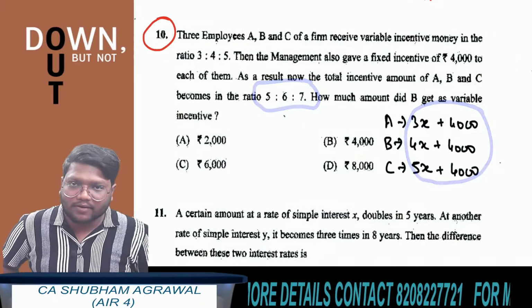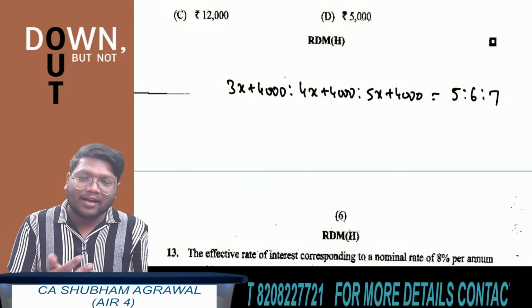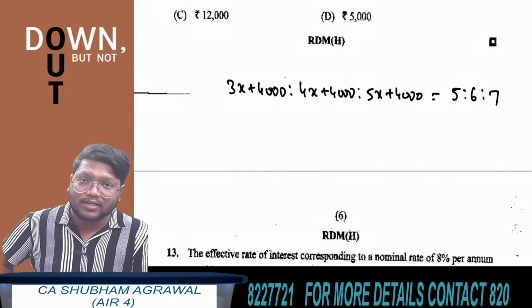It is given that the ratio of this is 5:6:7. I am writing here: 3x plus 4,000 is to 4x plus 4,000 is to 5x plus 4,000 equals 5:6:7. Now, how to find the value of x here?